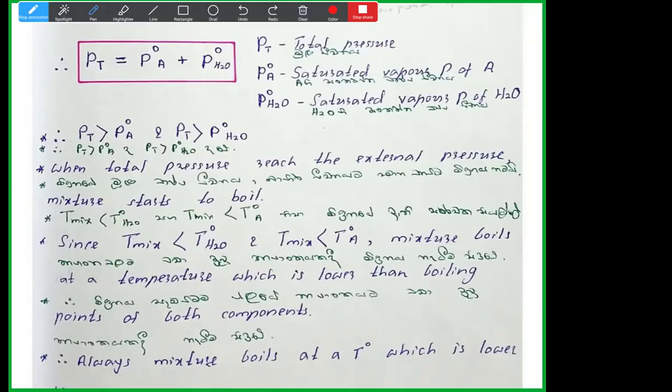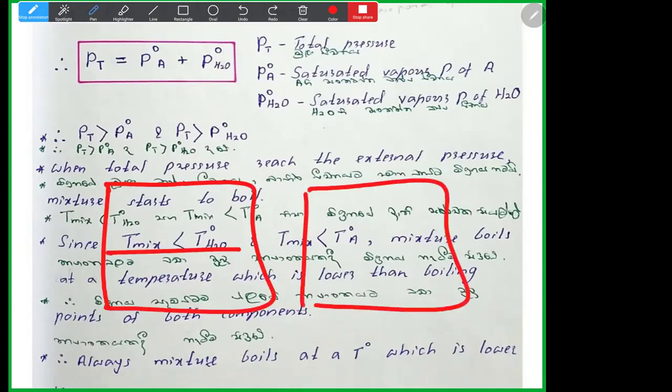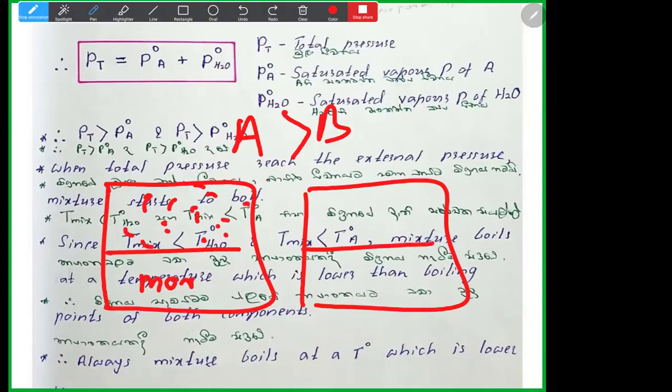But here, see what happened here is, now you have this mixture. Okay, let's say another one is here. This is more volatile. Let's say volatility of A is greater than B. This is giving more pressure here, but this is giving less pressure. Who needs more temperature to make this pressure equal to the outside pressure?